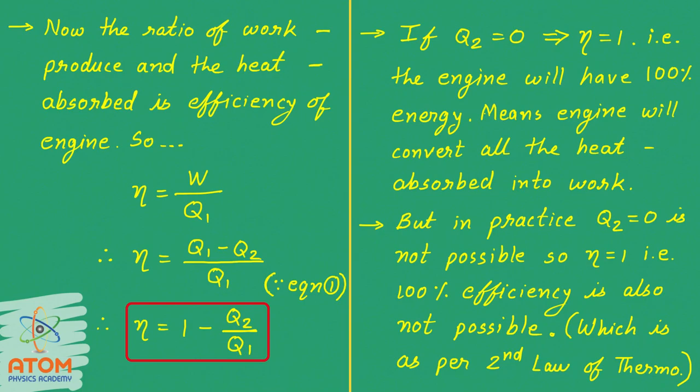But our experience says that even if you reduce the losses to be 0, then also 100% conversion of heat into work is not going to happen ever. Why is it so? Because that is the principle of nature, right? This principle of nature is known as the second law of thermodynamics, which we will study in the next coming topics.